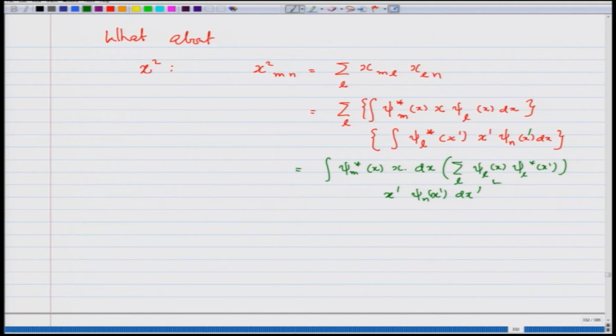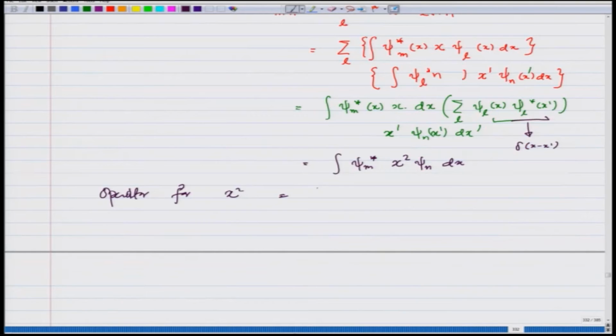This is nothing but delta x minus x prime. So, this becomes integration psi m star x square psi n dx. So, the operator for x square is x square.